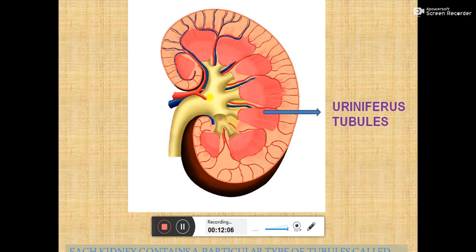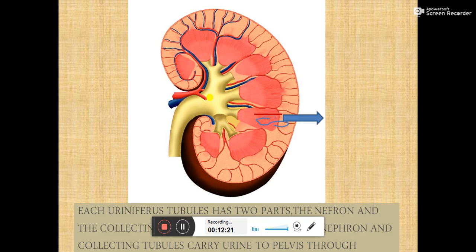Uriniferous tubules. Each kidney contains a particular type of tubules. This is called uriniferous tubules. This is the main part of the kidney that does the filtrating function. Each uriniferous tubule has two parts, the nephron and the collecting tubules. Nephron and collecting tubules carry urine to the pelvis through the papilla.